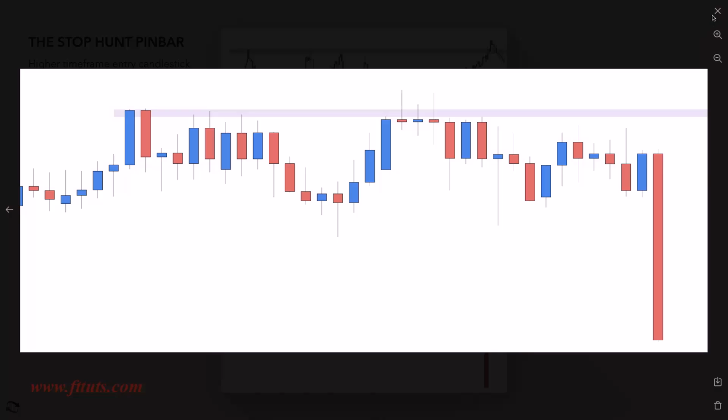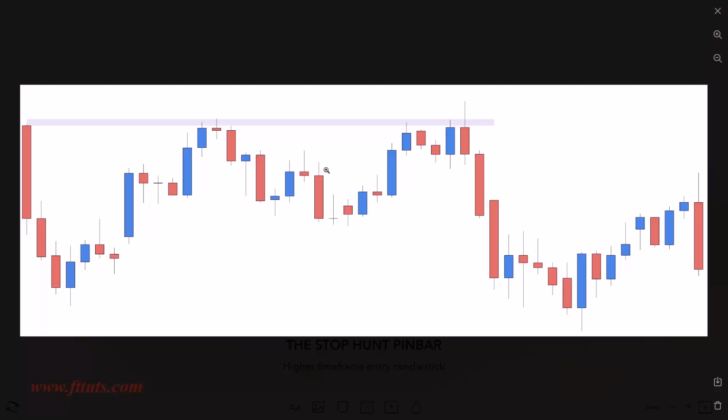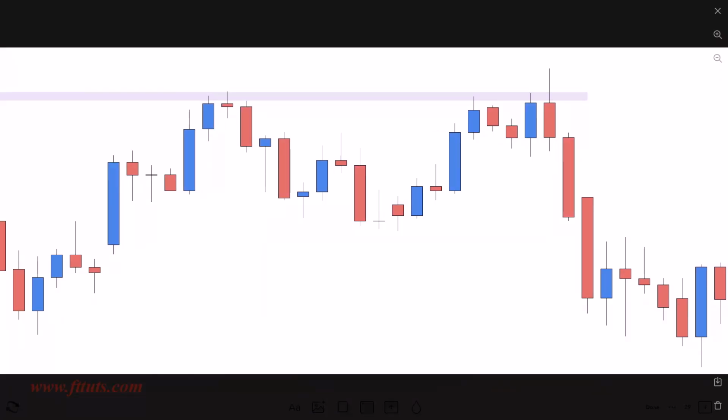So let's move on to another example, and let's again look for where we want to see the stop hunt pin bar candlestick. We can see it right here. You can see clearly a level that has been touched. You've got first touch, you can see the second touch where you get a bit of a rejection.